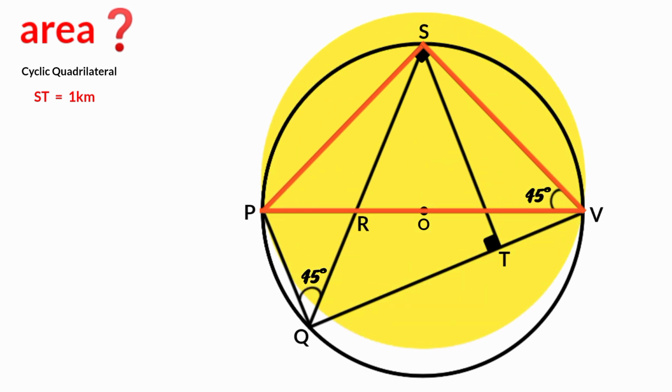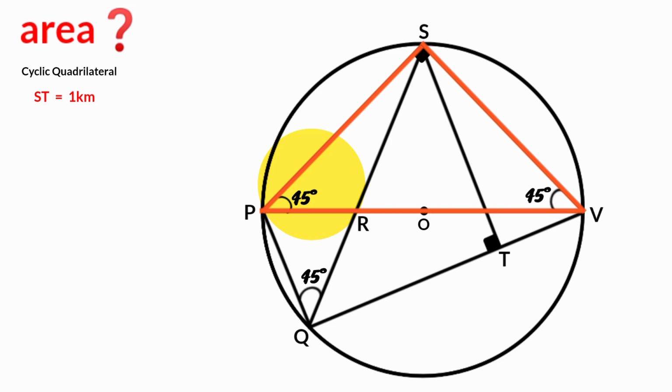Let's take a look at this triangle. It is a right angle triangle and it has an angle 45 degrees. Based on the rule that the summation of angles in a triangle is 180 degrees, this angle must be 180 degrees minus 90 degrees minus 45 degrees, which is 45 degrees.